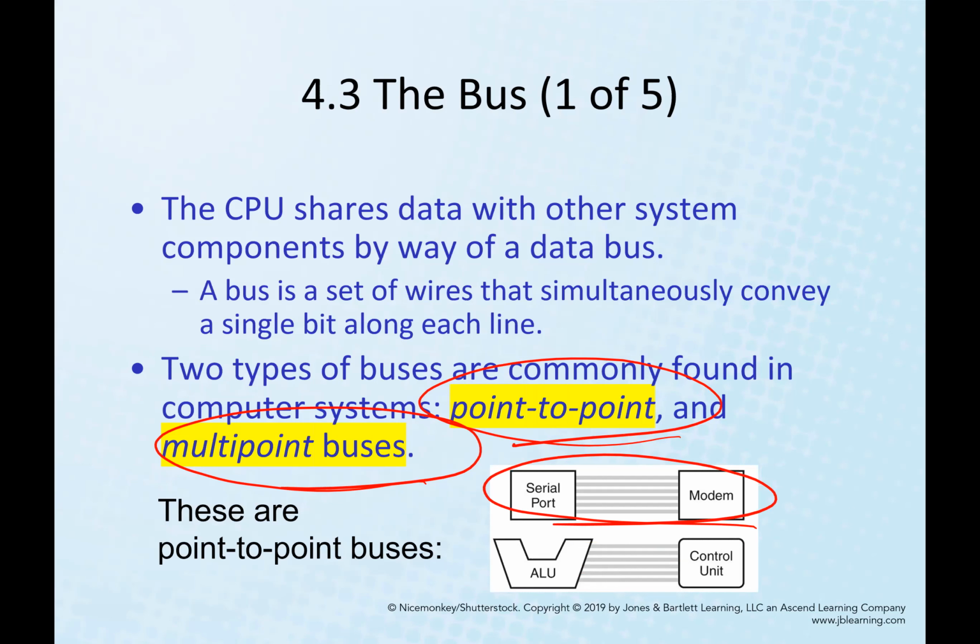But multi-point buses are connected to several different devices, and each device gets bus control and uses the bus to send data and then releases the bus, and the other device can get the bus and send its data. Okay, questions?